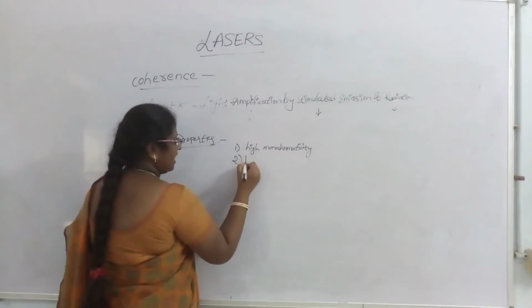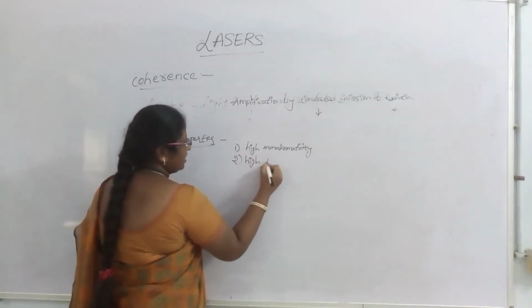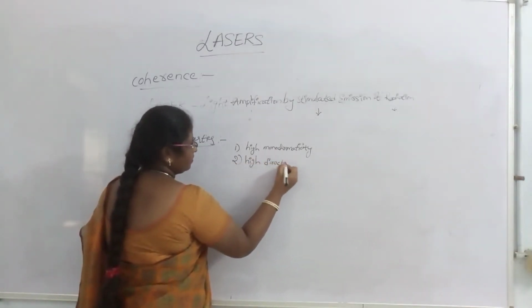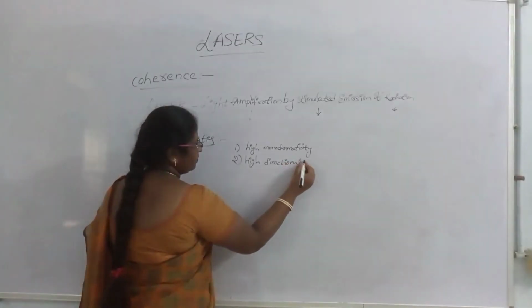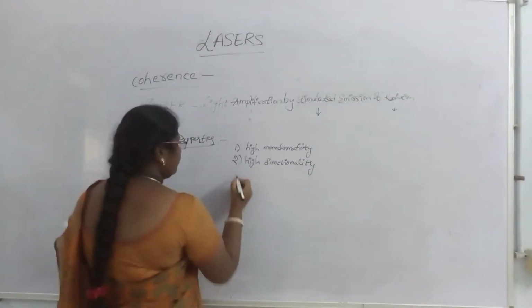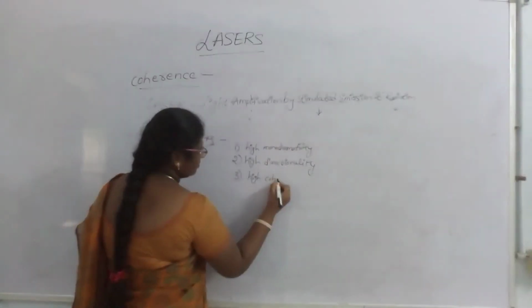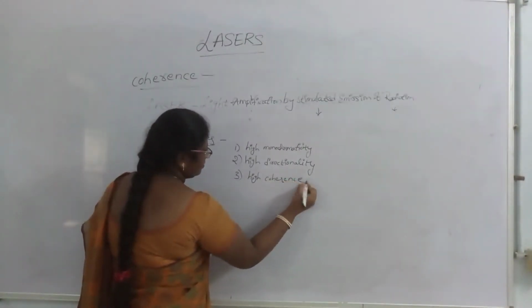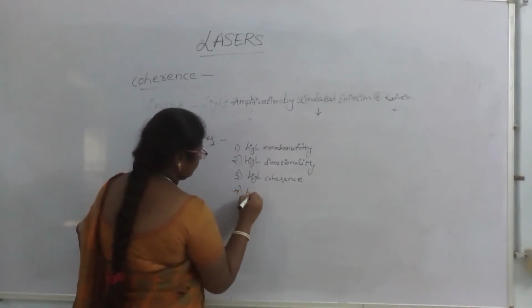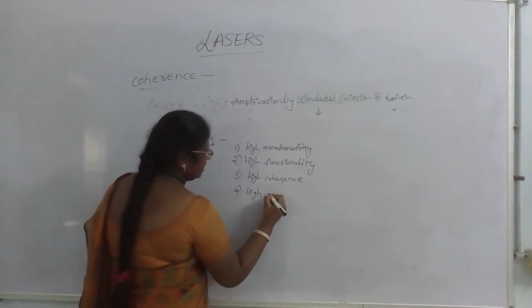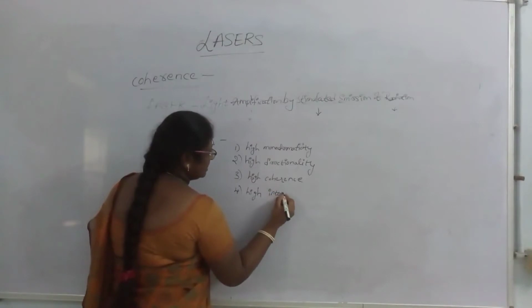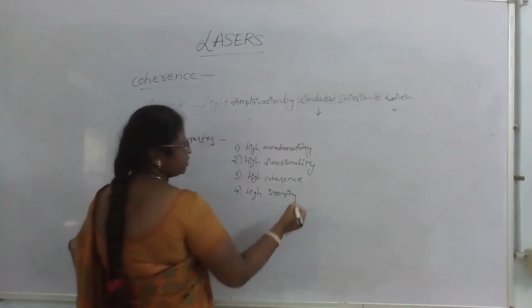Second one is high directionality. Next one is high coherence. And fourth one is high intensity. These are the four properties of the laser.